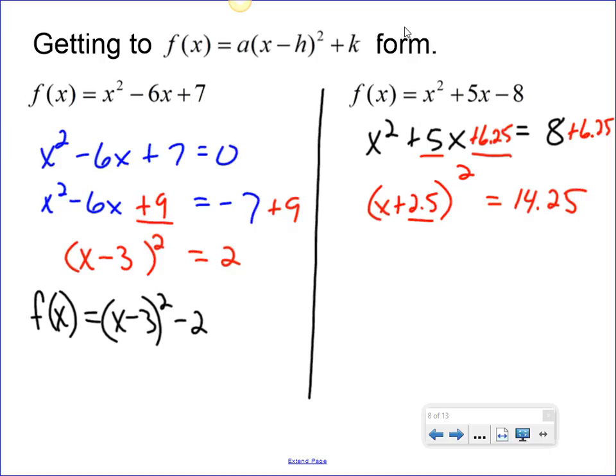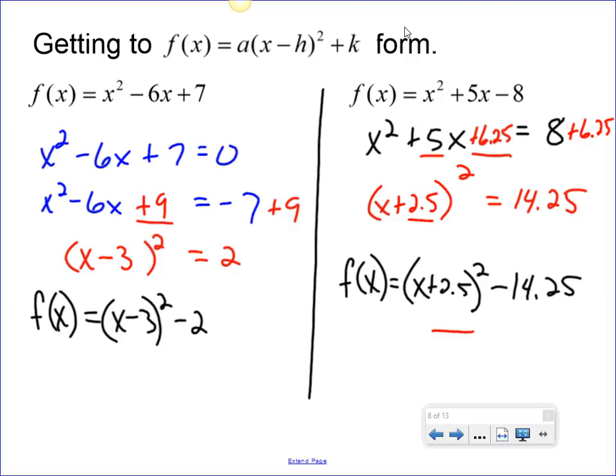And again, the final step, move things back across, and you write it in this function form, x plus 2.5 squared minus 14.25. And if we thought about shifts, we would know that this plus 2.5 would be shifting it left 2.5. This minus 14.25 would be shifting it down 14.25.